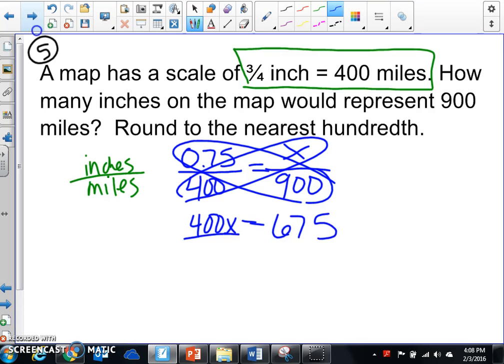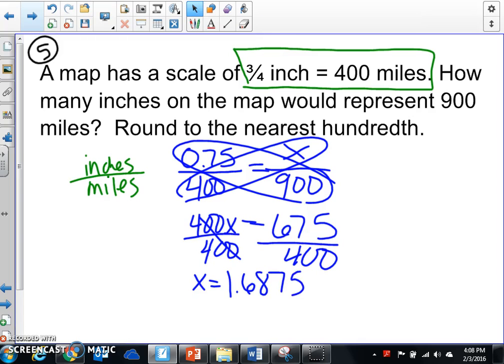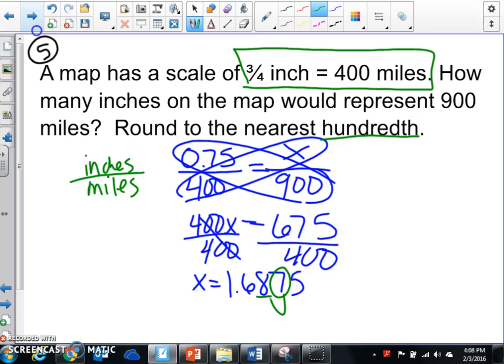Sorry about that. Then I divide both sides by 400. So 675 divided by 400. That looks better. All right. X equals 1.6875. It wants me to round to the nearest hundredth, which is 2 decimal places. So that 7 is going to pop that 8 up to a 9. So 1.69. And then once again, I was looking for inches.